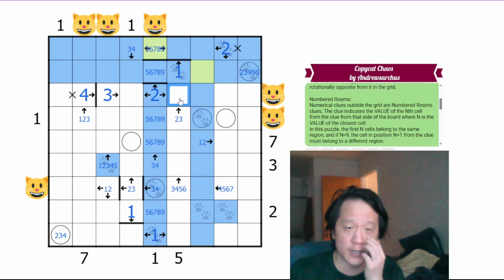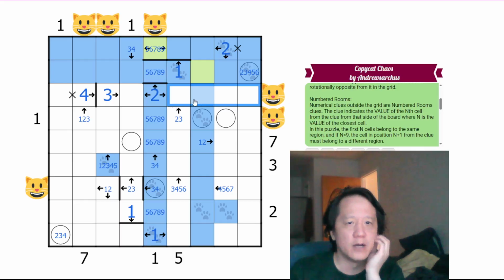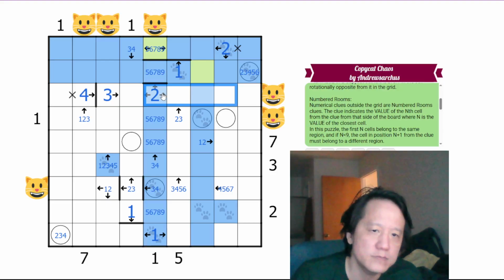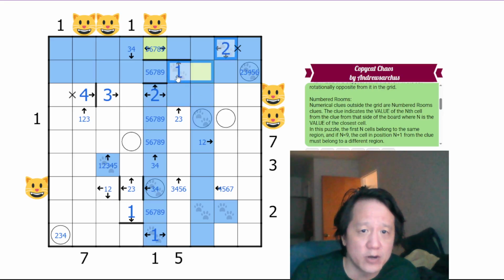If this is a copycat cell here, this would have to be a 4 to signify where the copycat cell is. But it can't be 4 because the copycat cell would have to be in that row, would be here. So this can't be the copycat cell. So these are all part of the same region, interestingly enough.